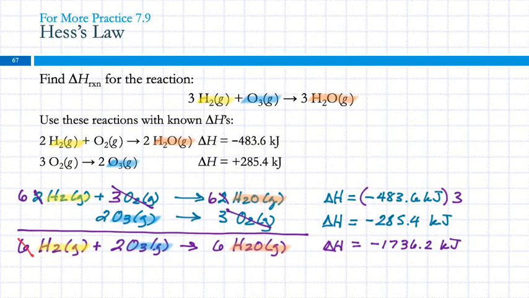Divide this by 2, I get 3. I divide this by 2, I get 1, 3, and this is also divided by 2. So my negative 1736.2 divided by 2. Delta H is minus 868.1.